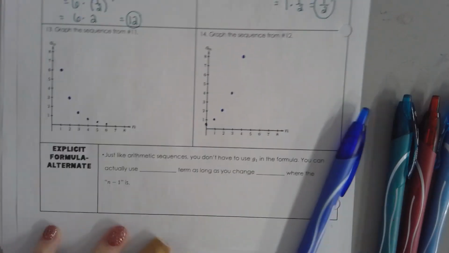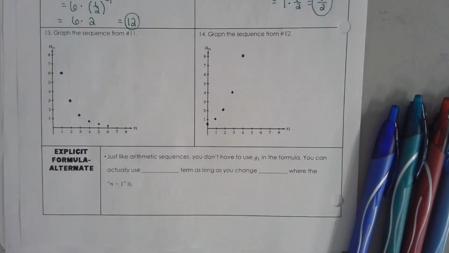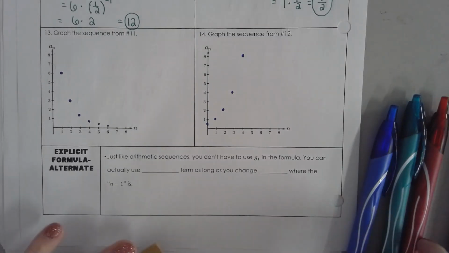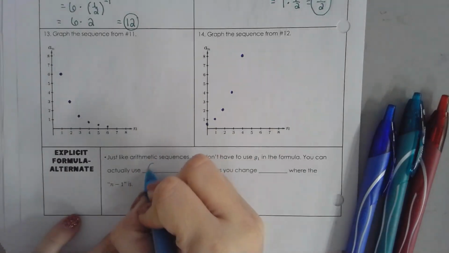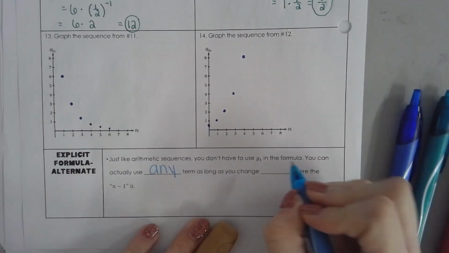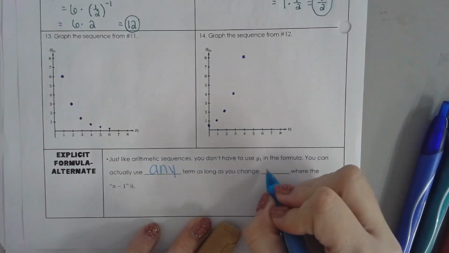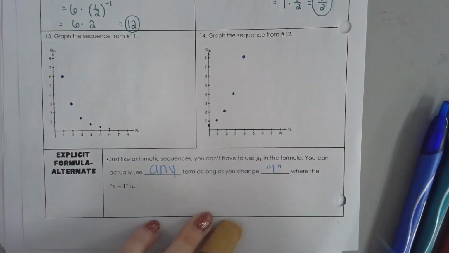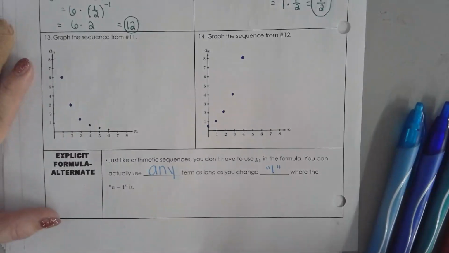Just like with arithmetic sequences, you don't have to use G1 in the formula. You can actually use any term, as long as you change the 1 where the n minus 1 is.